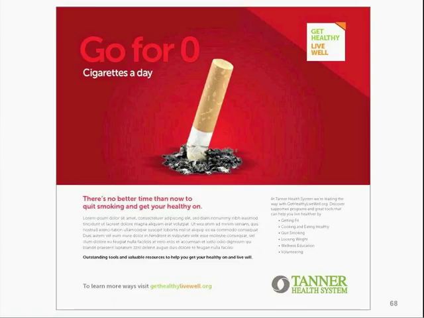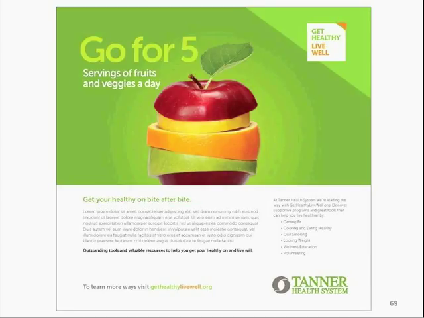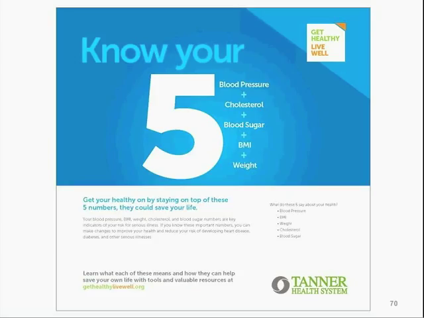There were print ads developed promoting the key messages around smoking cessation and the emphasis on Get Healthy, Live Well. There was an emphasis on promotion of servings of fruits and vegetables, Go for 5 and Know Your 5, focused around knowing your numbers and how that could save your life.